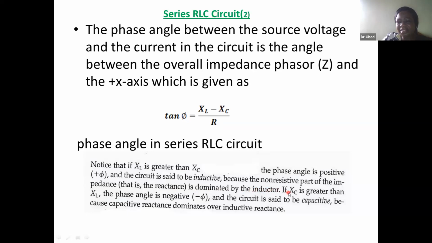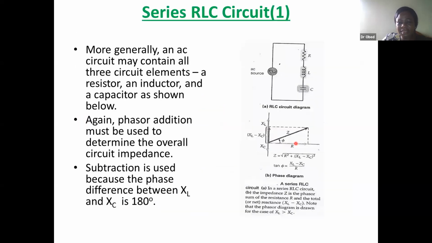And in the other case, if XC, the capacitive reactance, is greater than XL, the phase angle is negative. Let's see that again in the diagram.